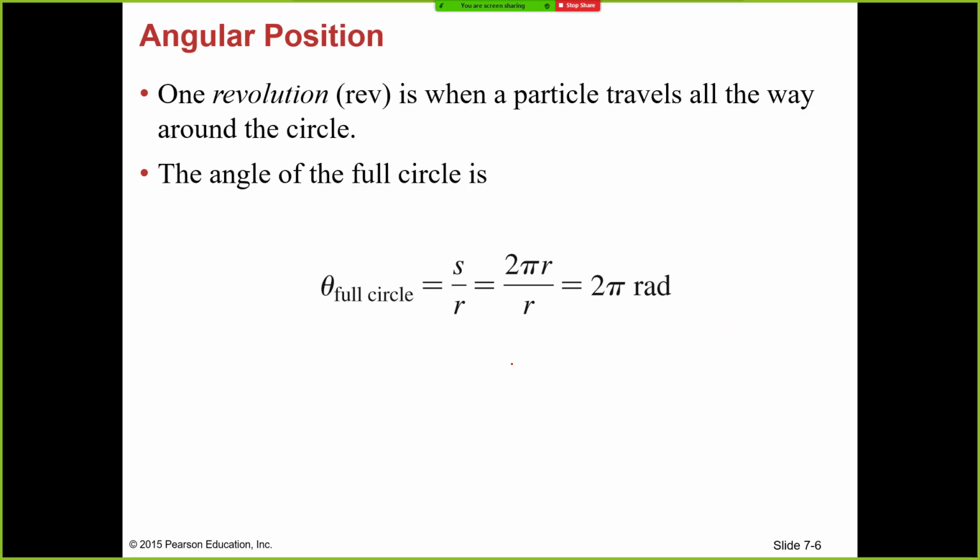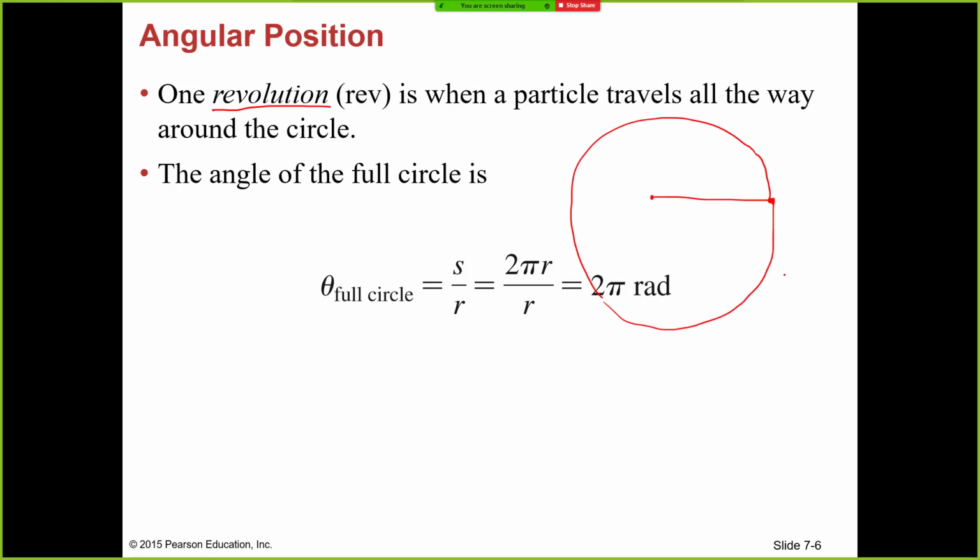And when we talk about rotational motion, we often use the term revolution. Okay? Revolution is you start from a point, okay, and then it rotates around some fixed point in a circular path, and then it comes back to the same point.